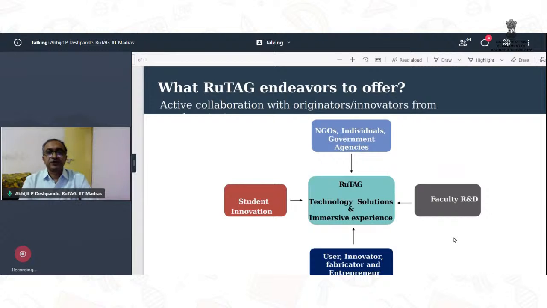Of course, a byproduct of all of this is also a very great immersive experience for students generally. And the other key thing is to have constant input from users, innovators, fabricators, and entrepreneurs to try to improve and provide in the end a technology solution which has the highest chance of getting more dissemination at the end of the day. Next slide, please.